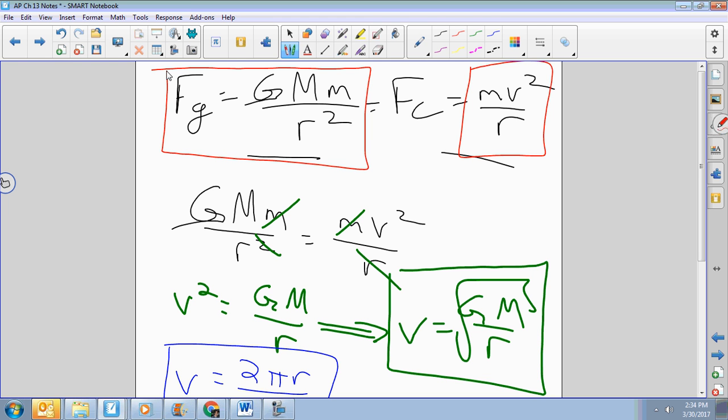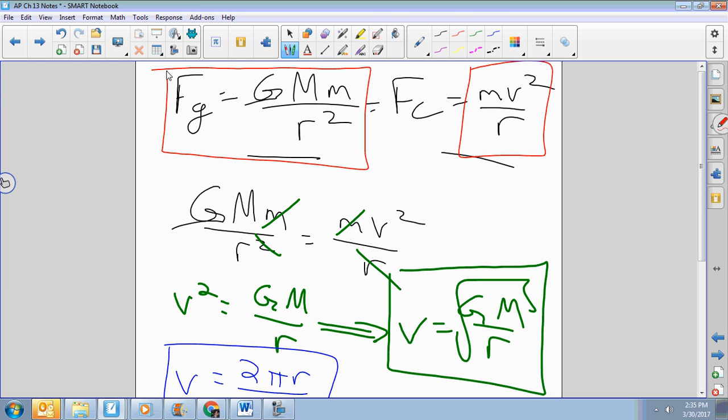Good questions, guys. What makes it able to interchange so that FC and FG can be equal? Let's think about the moon for a minute. Its orbit isn't a perfect circle, but it's pretty close, right? So Newton's hanging out under the apple tree one day, thinking, I know that thing should go in a straight line unless there's a force on it.